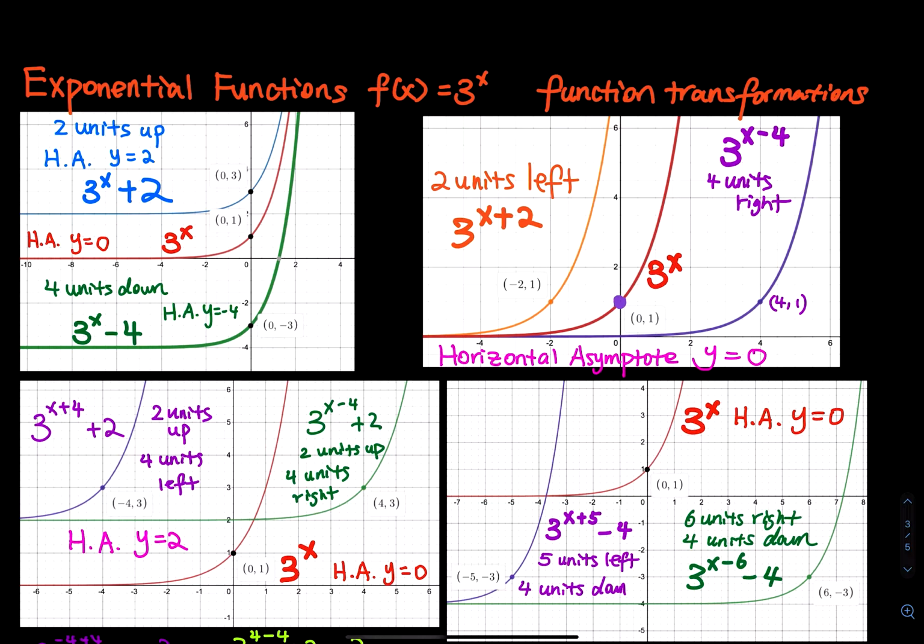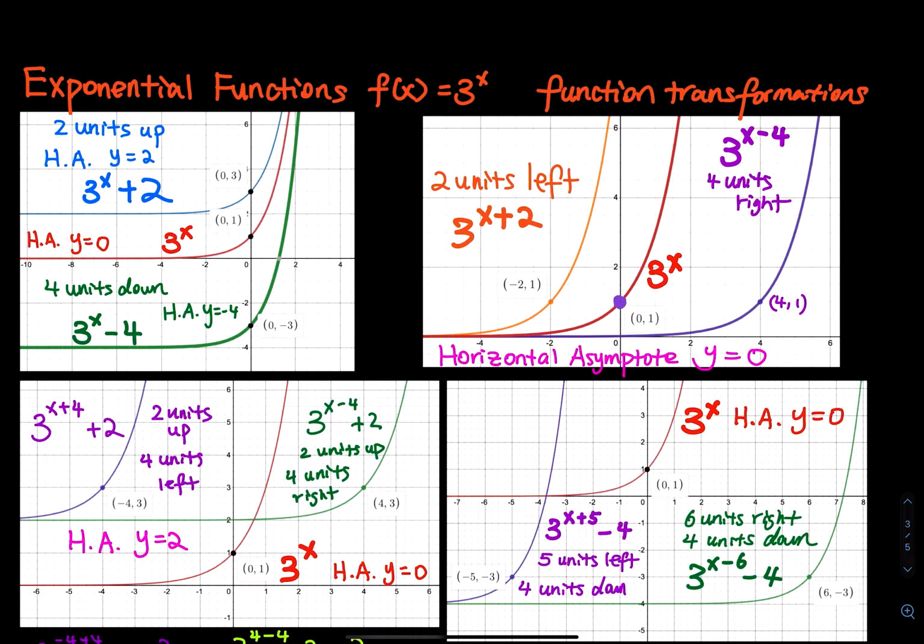Does that change the horizontal asymptote? No, we are shifting the function left and right. That doesn't change the horizontal asymptote. The horizontal asymptote remains as y equals 0. So instead of subtracting 4 units from the entire function, I just put a minus 4 right next to the x. When you do that, you shift the function 4 units to the right.